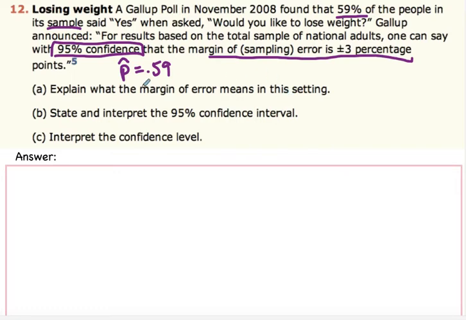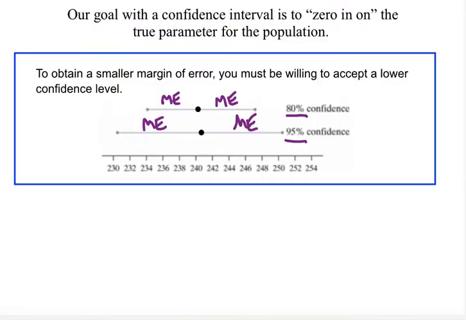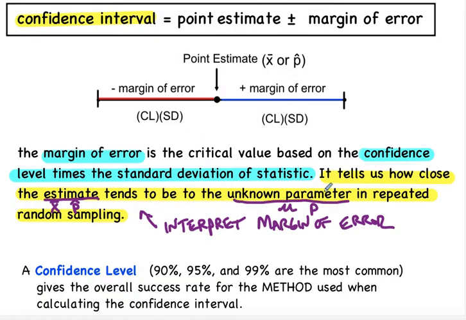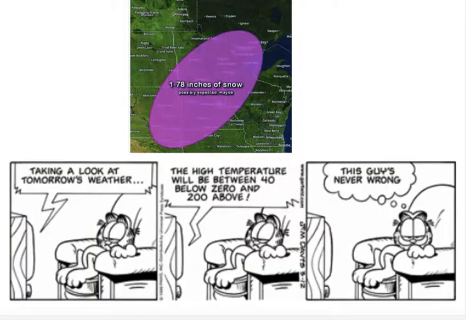Okay, so what is this margin of error? What does it mean? To refer back to this page, remember the margin of error tells us how close our estimate, in this case it's a p hat, is to the unknown parameter p if we did this sampling lots of times.